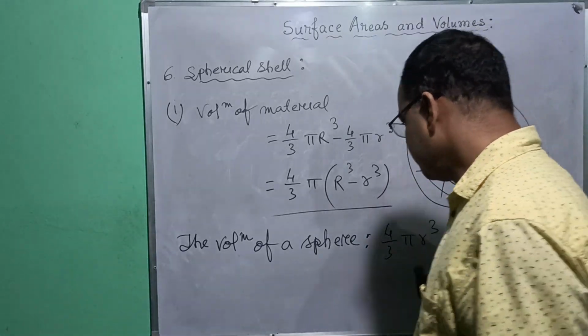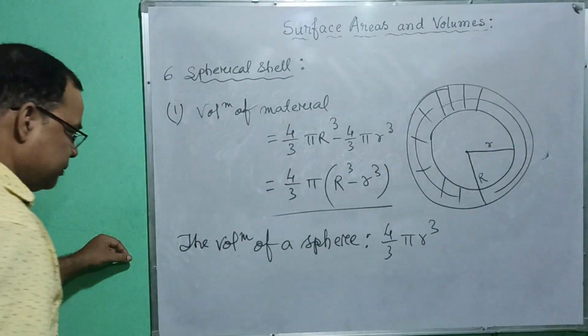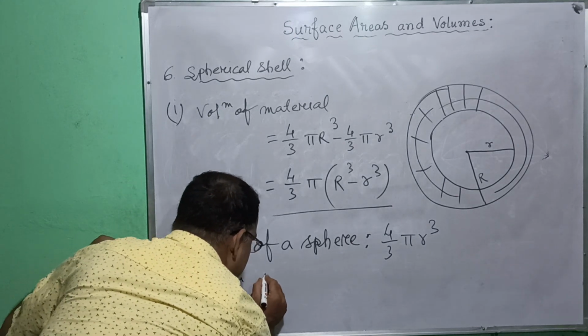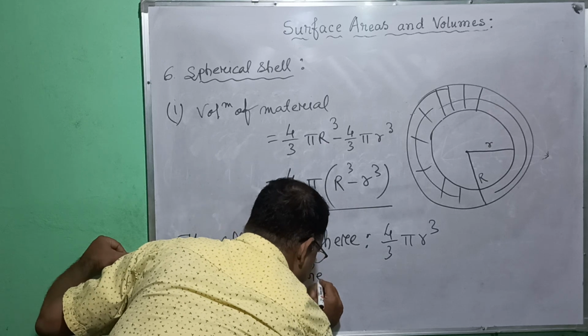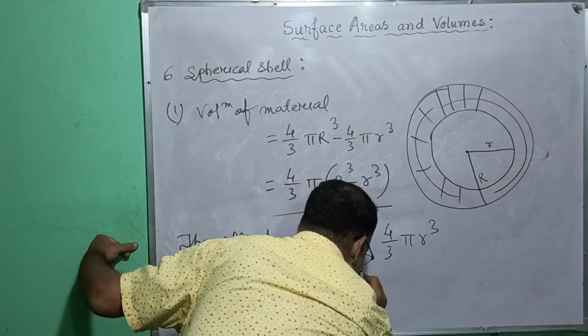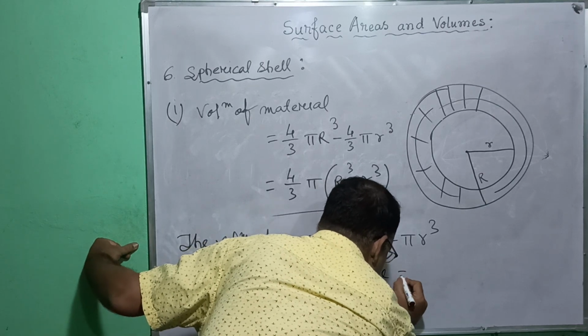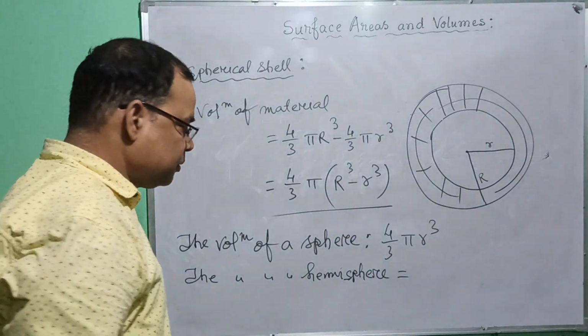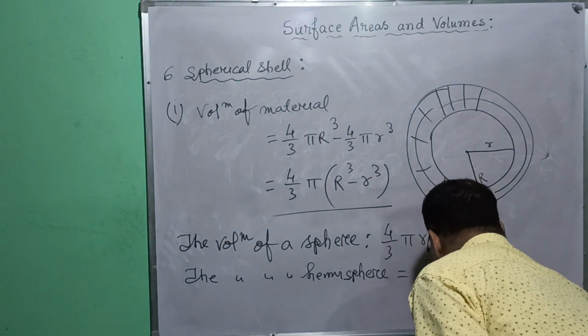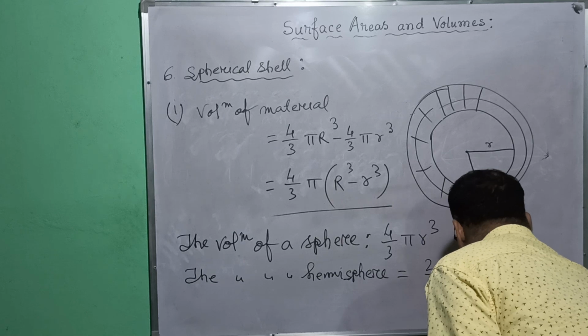Another one I also forgot, the volume of a hemisphere. We just divide by 2 to get the volume of a hemisphere, so it is 2 by 3 pi r cube.